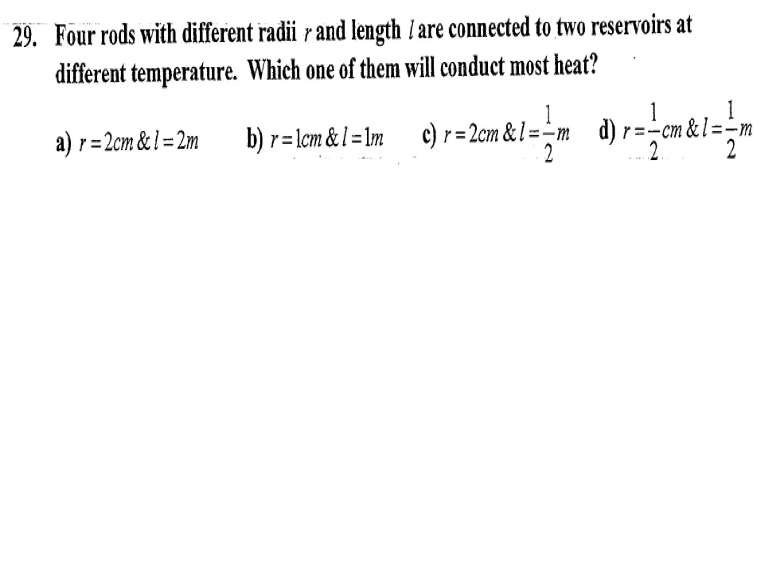Four rods with different radius R and length L are connected to two reservoirs at different temperature. Which one of them will conduct most heat? Fourier's law of heat conduction will apply here, one dimension.